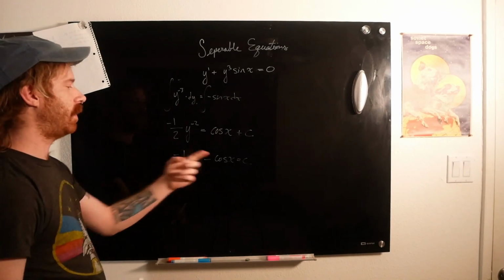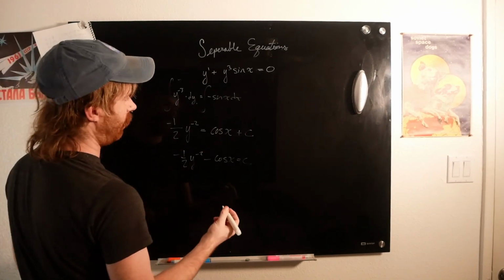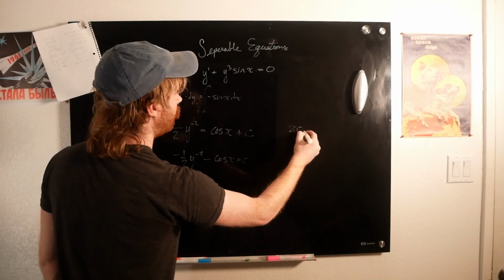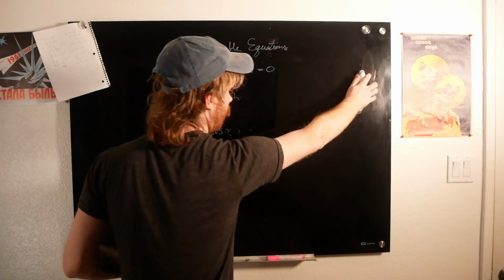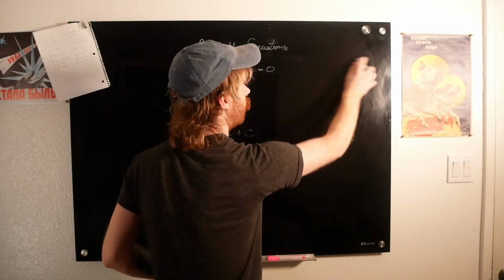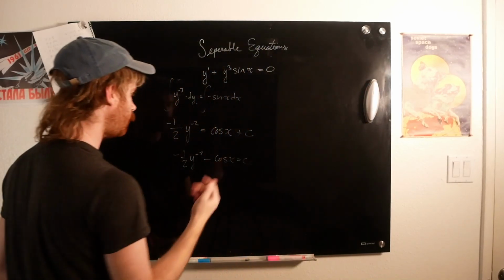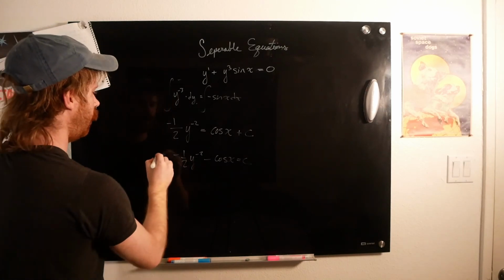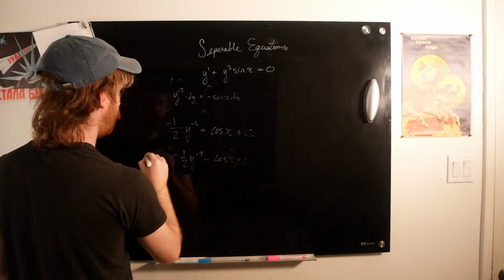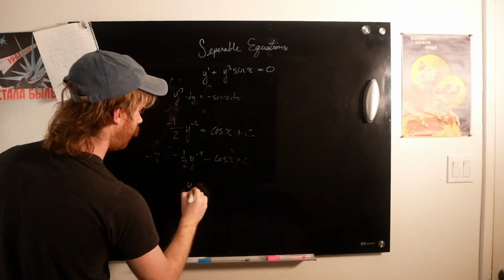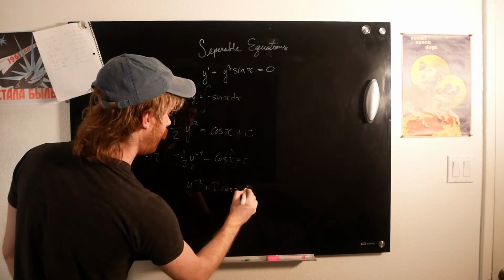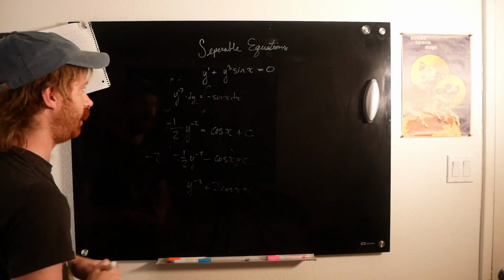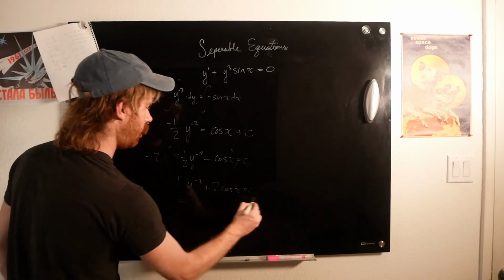You multiply everything by negative 2, but 2 times c is just equal to k, so you don't have to worry about that. So we multiply by negative 2, and this is going to be y to the negative second power plus 2 cosine of x equals c. And that's going to be the answer for this one.